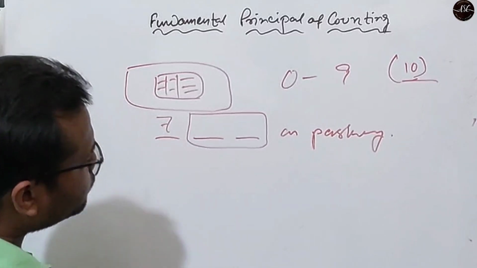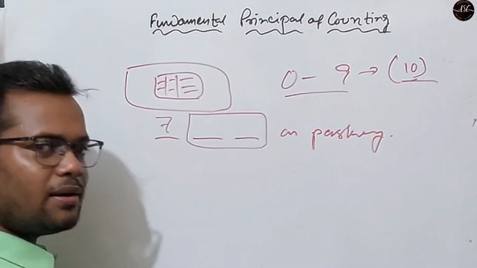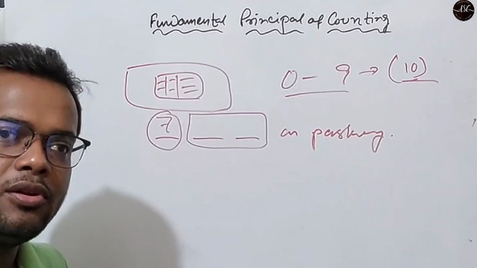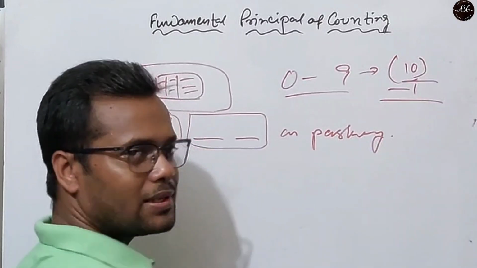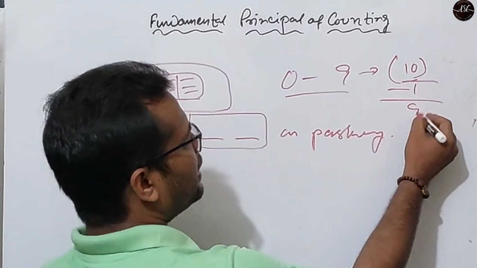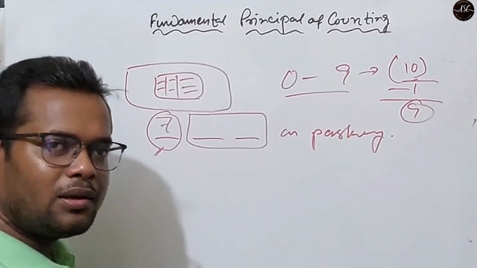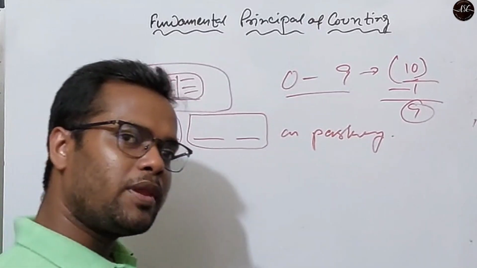Here just look, the total number between 0 to 9 is 10, and one number has been given. So if we reduce 1 from this, that means for this number we have only 9 numbers. So these 9 numbers can be chosen in different ways.